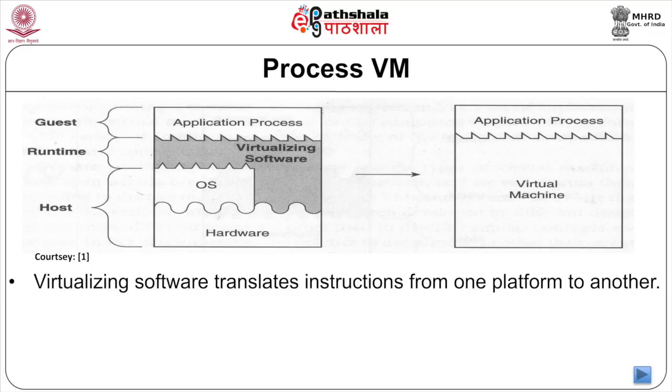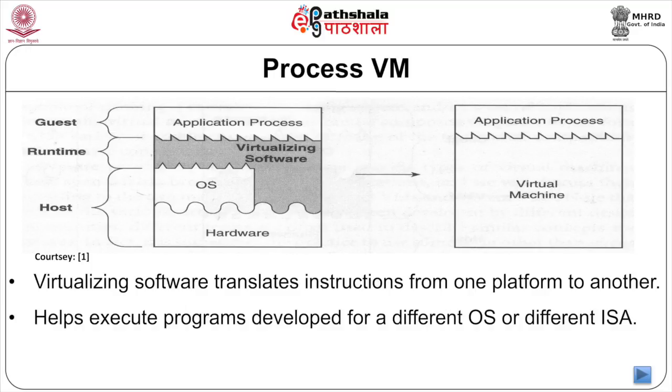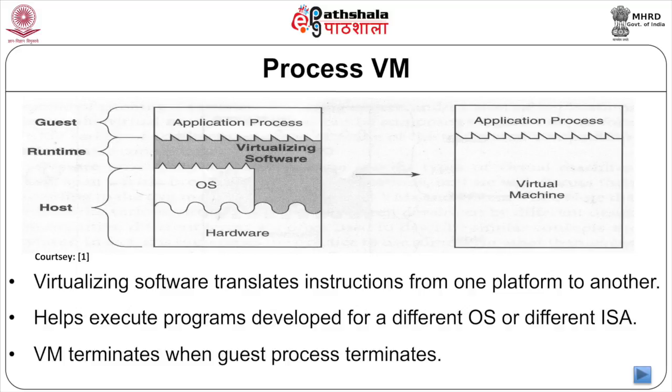So, it is possible to have a platform independent architecture. This is the JVM concept of the process VM. This will be useful for executing a program which is compiled for one operating system and porting it to another operating system, or even a different instruction set architecture.